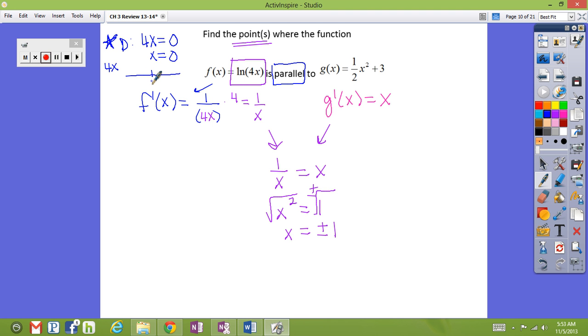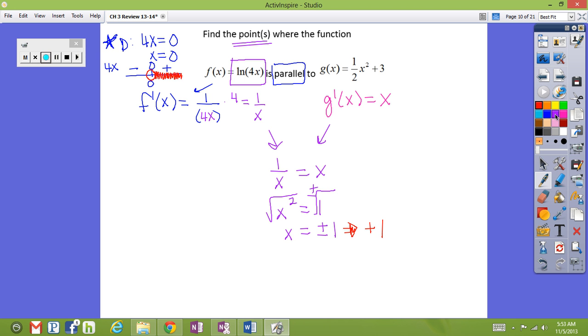So at 0, 4x would be 0. If I pick a number negative, it'll make 4x negative. If I pick a number positive, it'll make 4x positive. And then you ask yourself, ln only picks positive numbers, so the domain is 0 and greater. What that means is I can tell that the only answer as a result of ln would be positive 1.